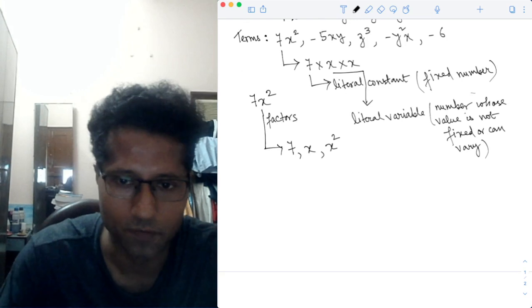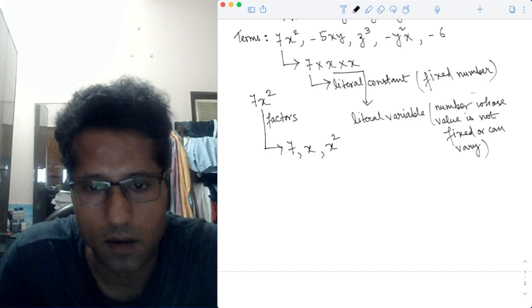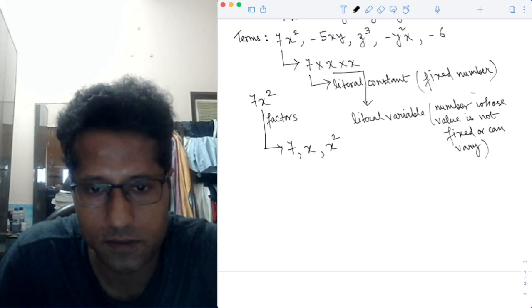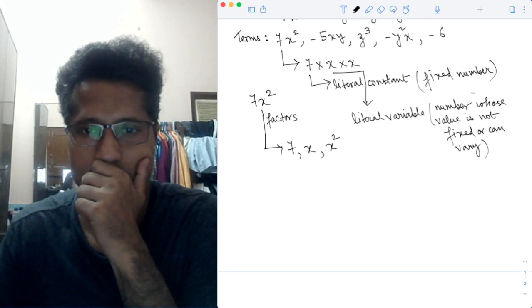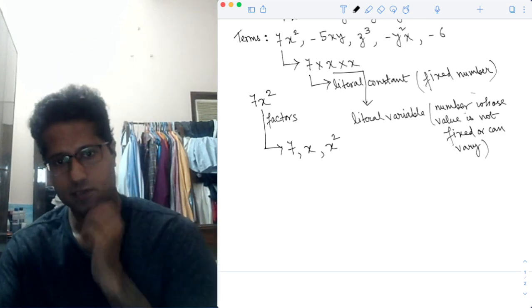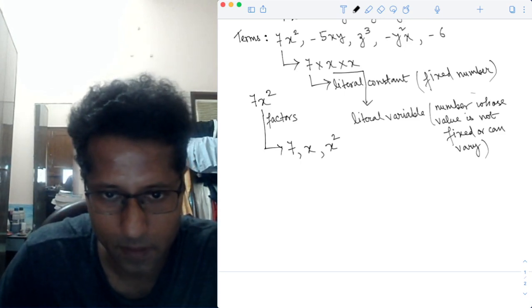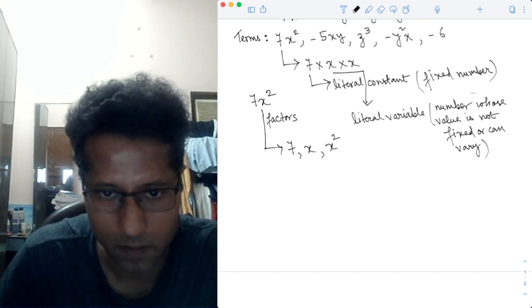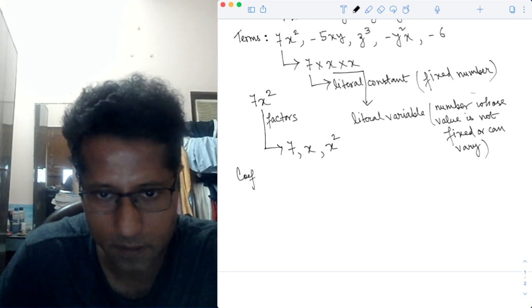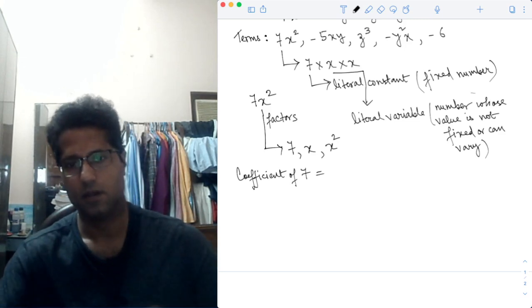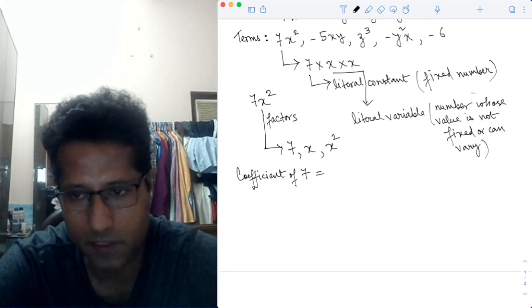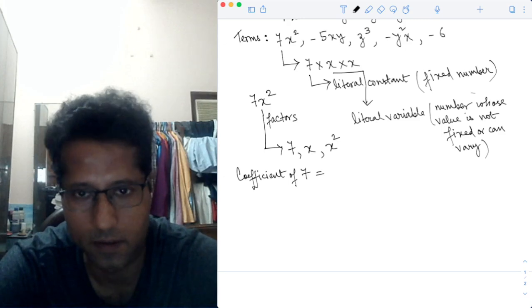For the term 7x square, we talk about the coefficient of a factor in a term.